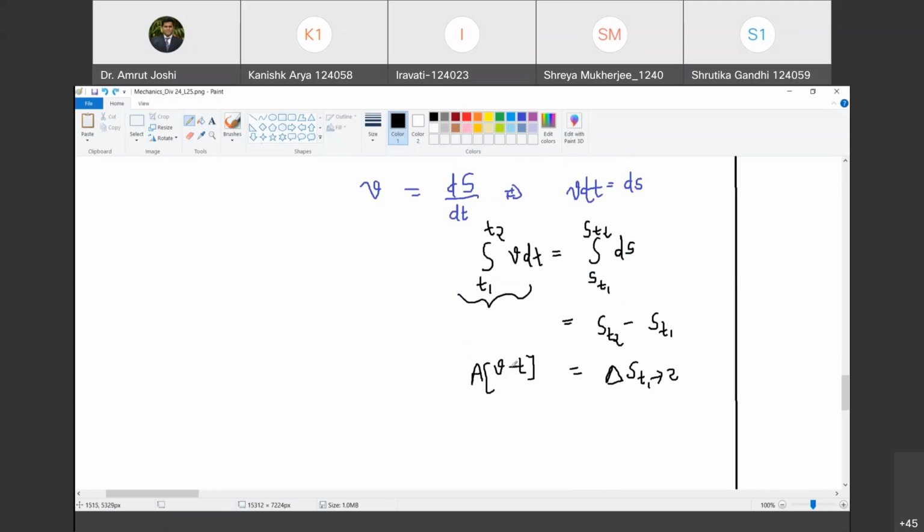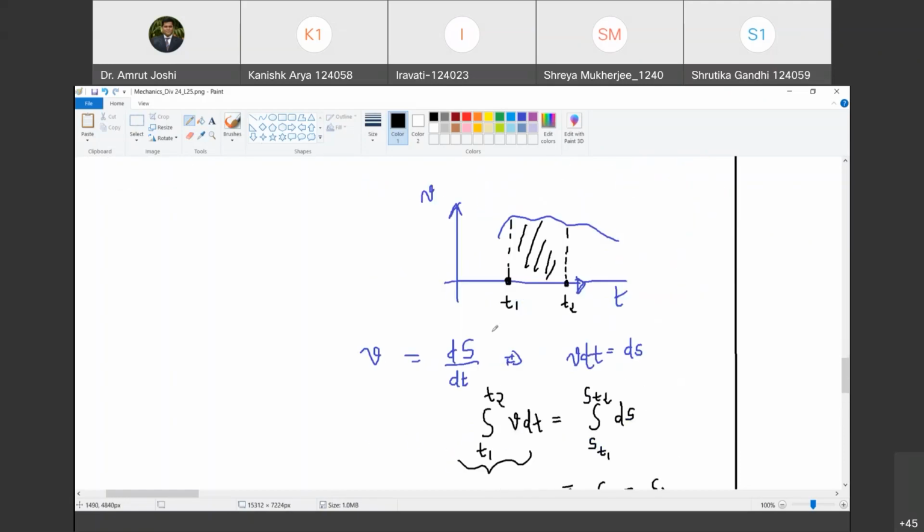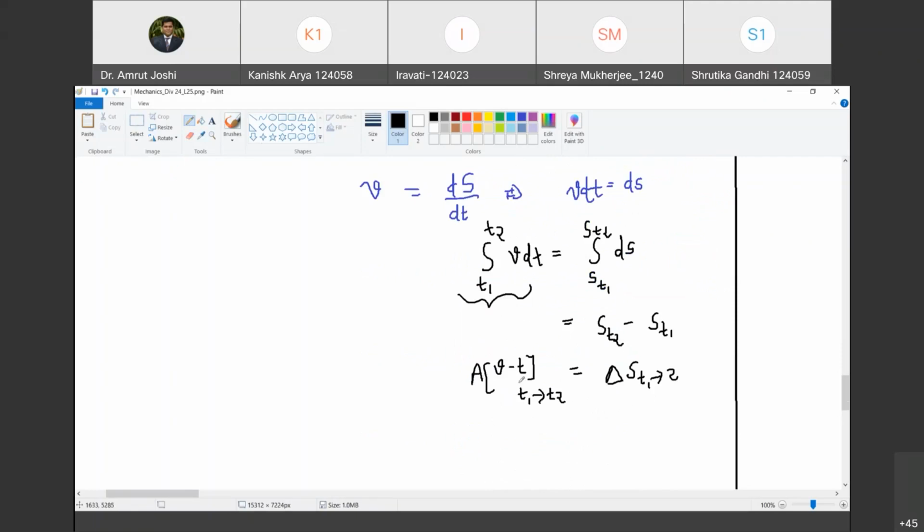Are you with me? From t1 to t2. So what is the relationship that we have got? Area of velocity time diagram from t1 to t2 gives you change in position. It does not give you position at time t2. Mind you.